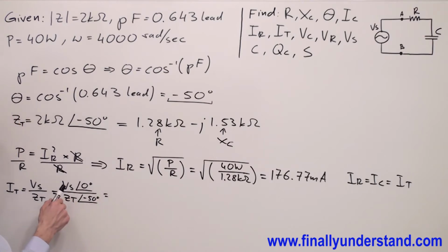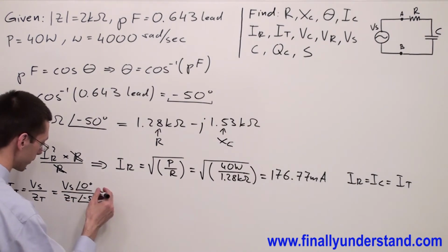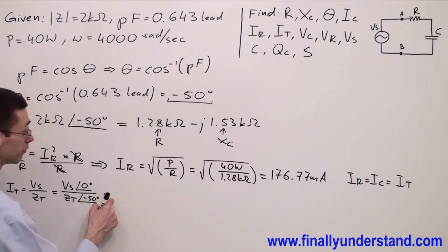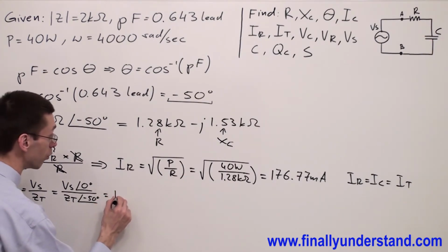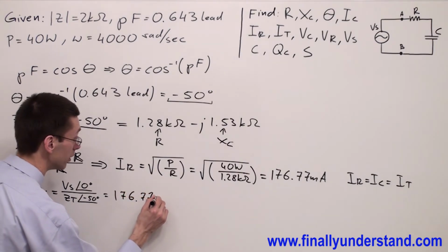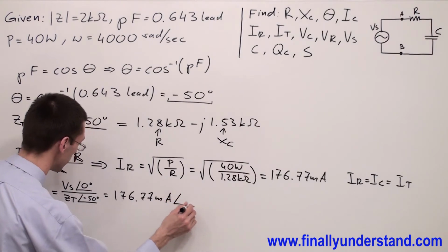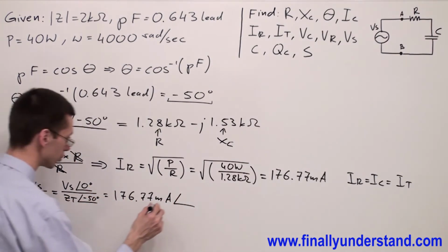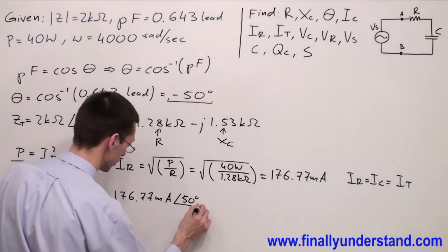Right now I'm not dealing with the magnitudes, just the angles. So the value of my current, which I found, is 176.77 milliamps, and the angle 0 minus negative 50 degrees gives me 50 degrees.